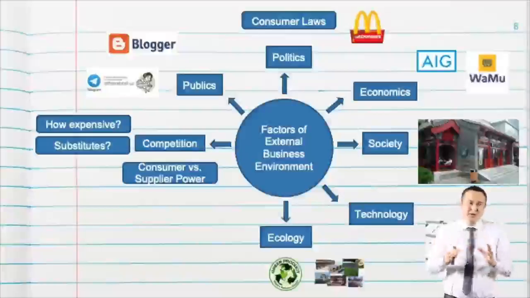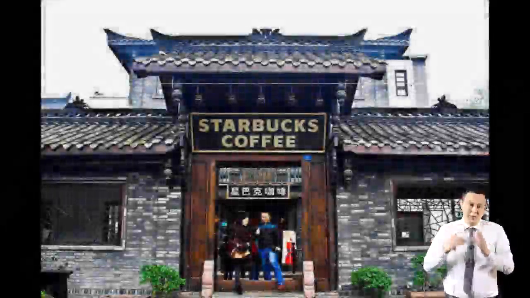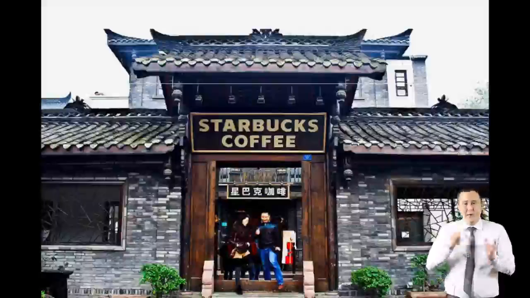Starbucks is a coffee chain in the United States, and when they went to China, they analyzed the Chinese market very carefully. If you go to the United States, you see Starbucks has very brick-like, more European, Western style buildings. But if you go to China, you will see Starbucks has more Chinese style architecture. They have the curved roofs and so on and so forth.